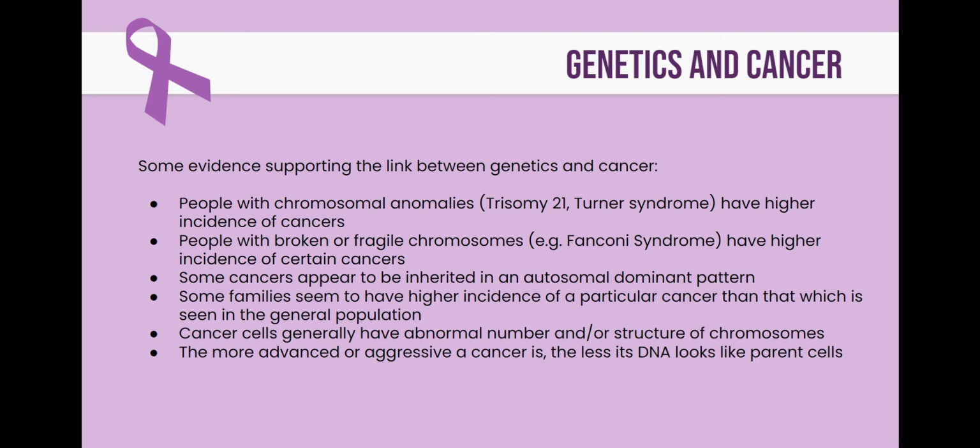The more advanced or aggressive a cancer is, the less similar it is to the parent cell in terms of its DNA. So the person's genotype, when you sample normal cells, will look like maybe 46XX. If you look at a cancer cell, it might be 50XX, or it might have more. And the more advanced a cancer is, the less its DNA looks like its parent, that original cell.